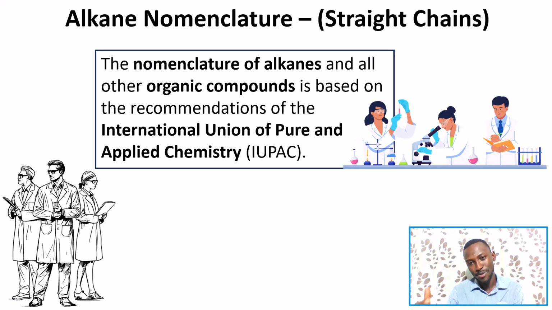They are like the parent of organic compounds. So anytime an organic compound is given birth to, so to speak, how to name that compound is based on the recommendation of this group. So the nomenclature of alkanes and all other organic compounds is based on the recommendation of the IUPAC, the International Union of Pure and Applied Chemistry.